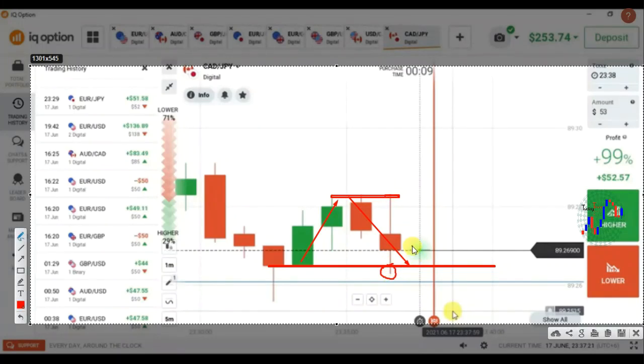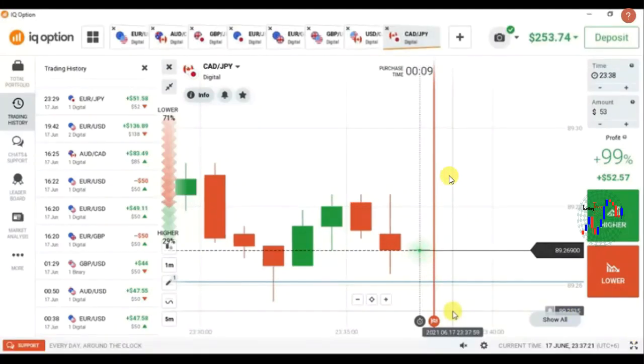So after this candle, we can expect a seller's candle only up to this level, or it may break, because this is a red candle, this is a green candle, it has been broken. So sometimes the level will break, or at least it will close at this level. So I will try to go with sellers here.